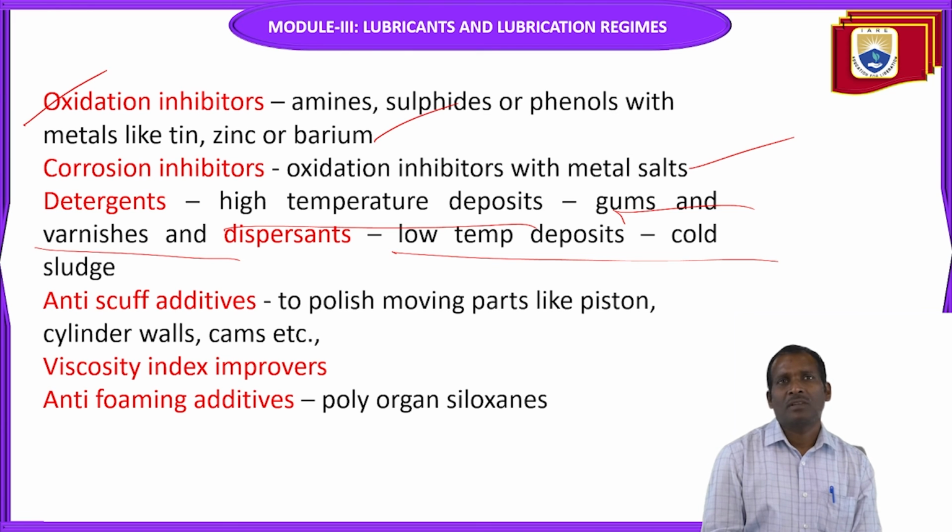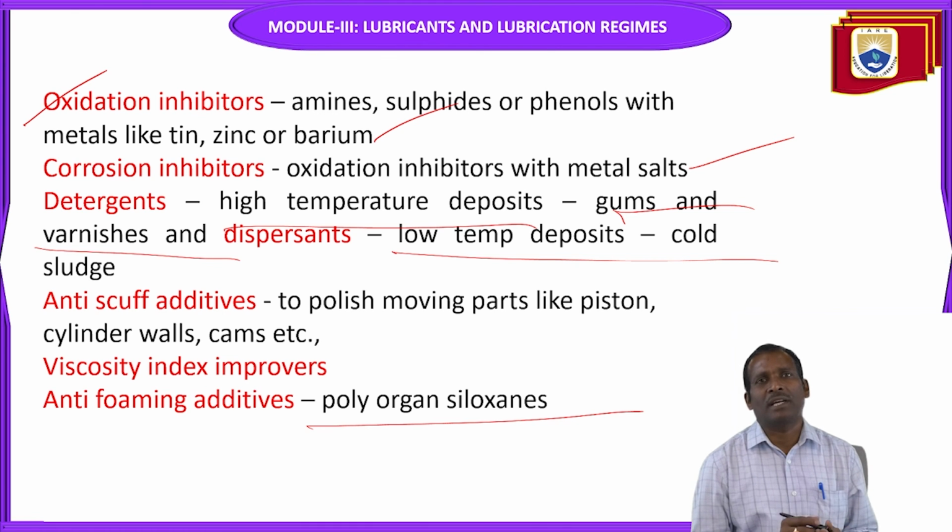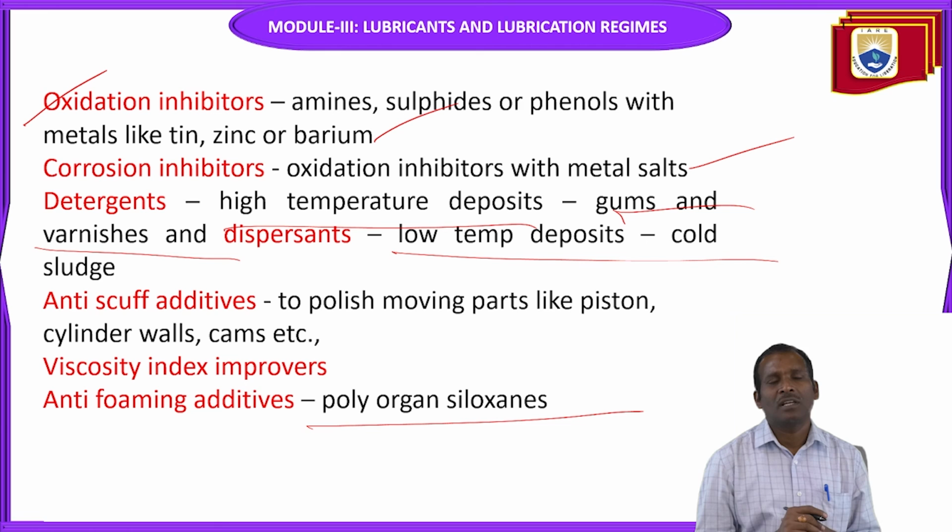Viscosity index improvers, anti-foaming additives. Next one is polyorganosiloxanes. These are some of the chemical oil additives. So by using these additives, you can improve the properties of the lubricant oil.